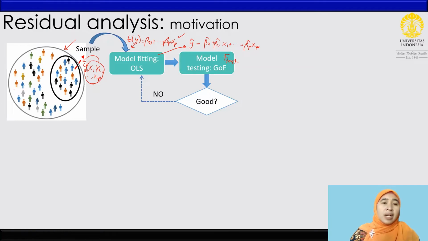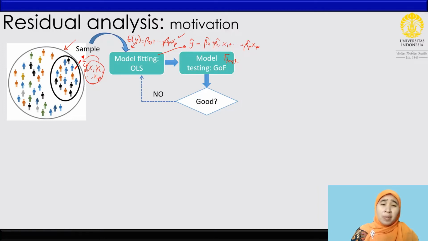Probably the predictors that we are including in the model are not the ones having high correlation with the response variable, or probably they are strongly associated with the response variable, but no proper functional form is included in the model.